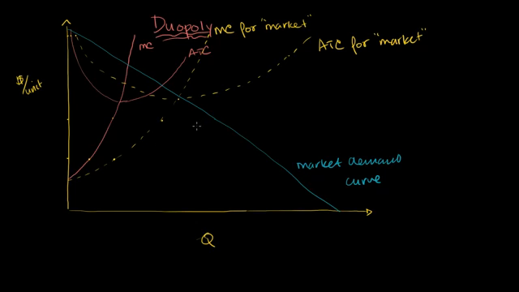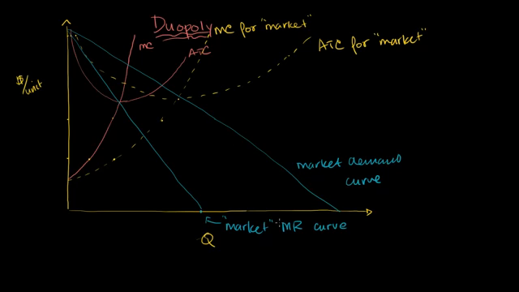So if they did act like a monopoly, their marginal revenue curve would be twice the slope of this market demand curve. So it would hit the horizontal axis right over there, and it would look something like this. This is the market marginal revenue curve.